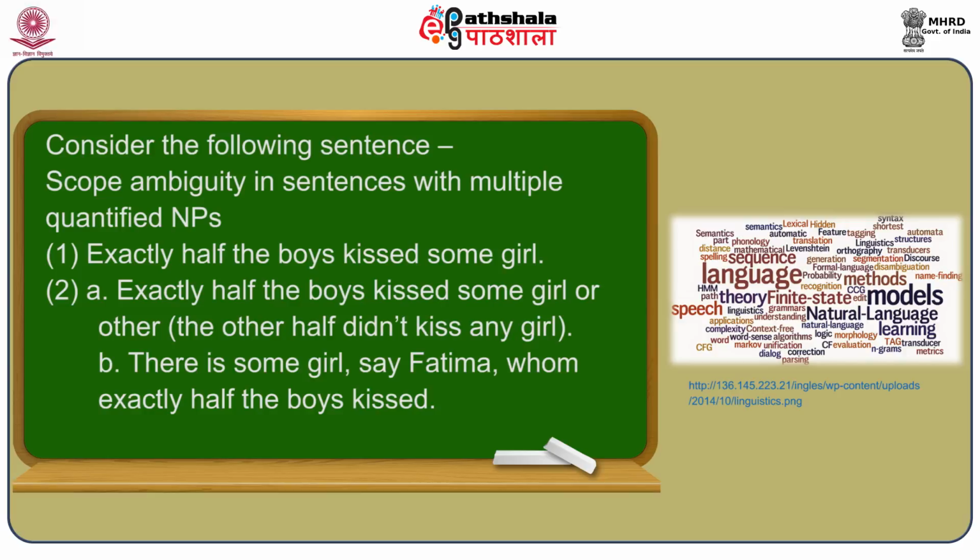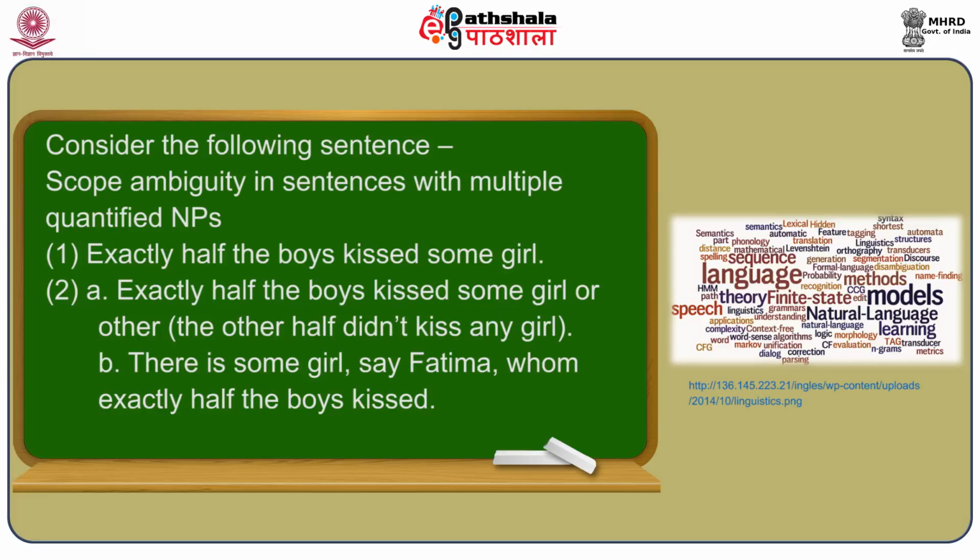In both interpretations, kiss is the main transitive verb, exactly half the boys is the subject of the sentence, some girl is the object. To see that this sentence is indeed ambiguous, note first the following two interpretations corresponding to this sentence that can be described as follows.